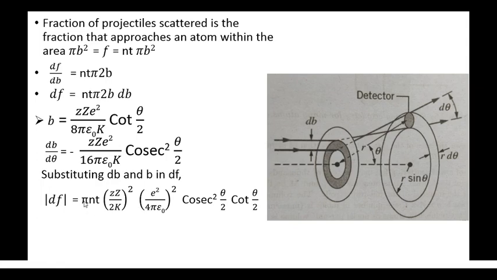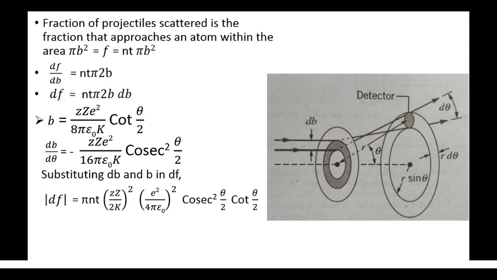So modulus of dF is equal to pi nt into (zZ by 2k) whole square into (e square by 4 pi epsilon 0) whole square, cosec square theta by 2 into cot theta by 2. We took the modulus of dF because the minus sign is not important, and it just tells that as B increases, theta decreases and vice versa.